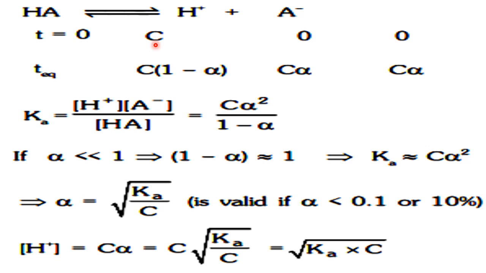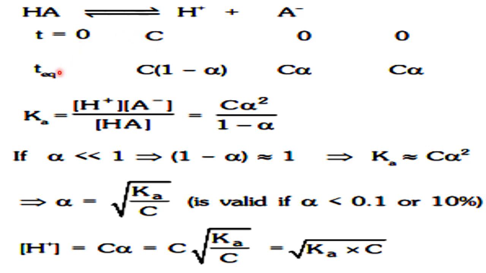Still it has not dissociated, therefore it is taken as C. Now how much H plus is there? Zero, because not dissociated. How much A minus is there? Zero. Because the acid has not dissociated, the concentrations of the ions are equal to 0.